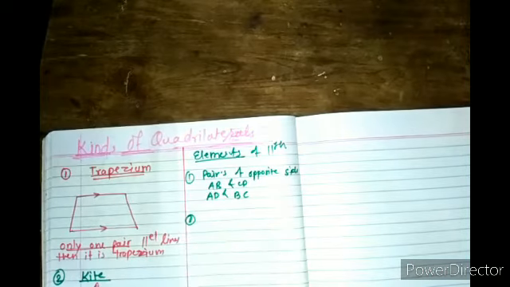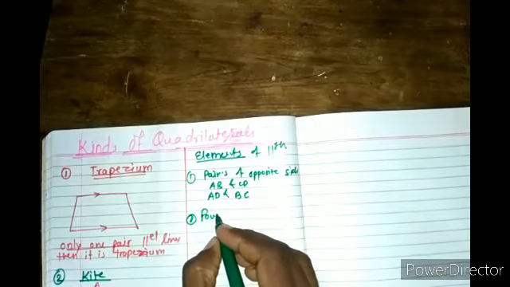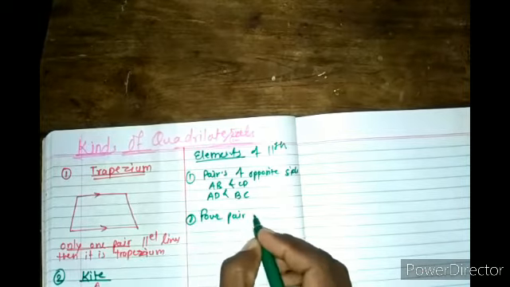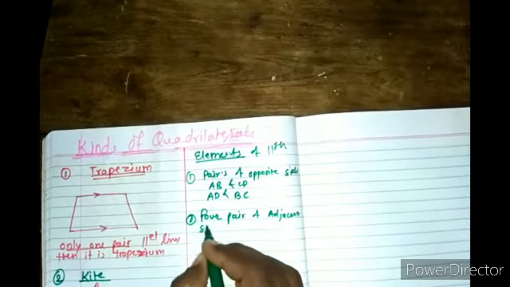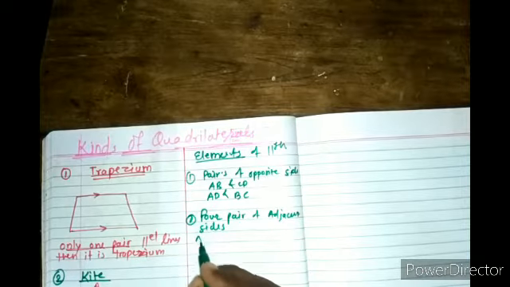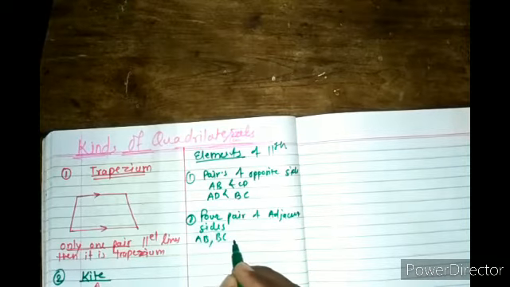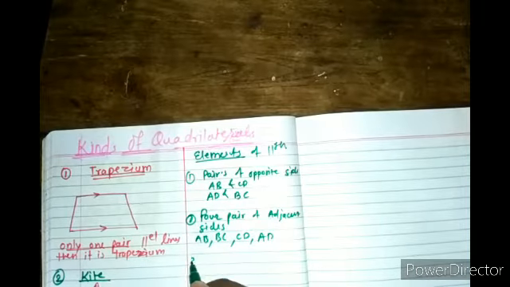The second element is four pairs of adjacent sides: AB, BC, CD and AD.